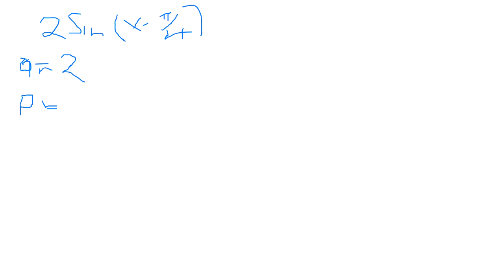For a tan graph, it is 180 divided by the coefficient of the x. But here the coefficient of the x is 1. So it's going to be 2 pi, because you're working in radians, over 1, which will give us 2 pi.